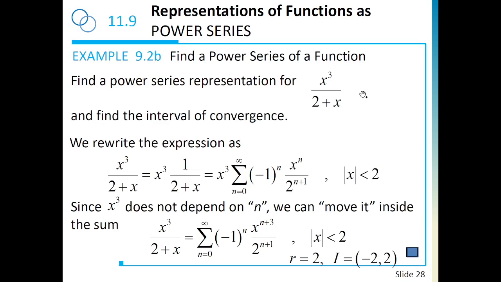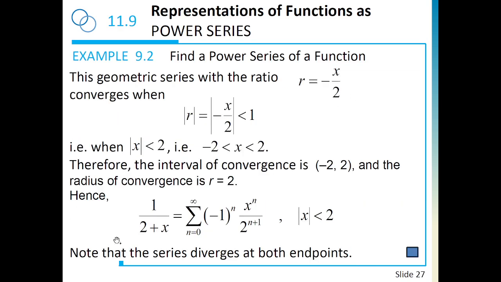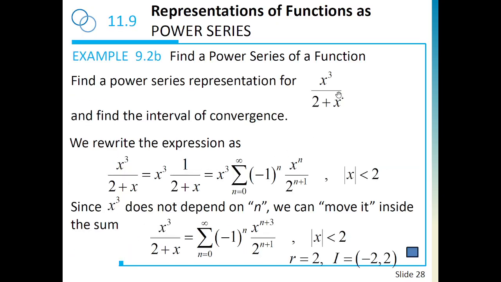Another variant of this, so once we have our expression of the series here, we could actually multiply everything by x cubed for fun. So this new expression, how do I get the representation of this expression as a power series? Well, I use my previous expression and I multiply by x cubed.